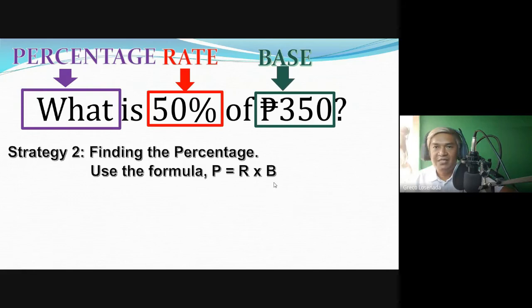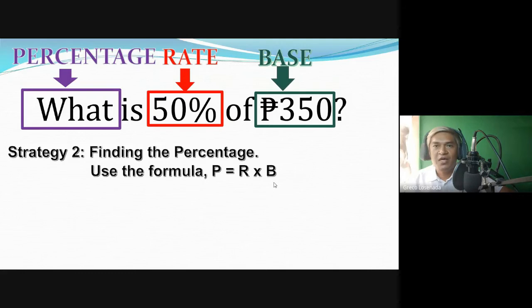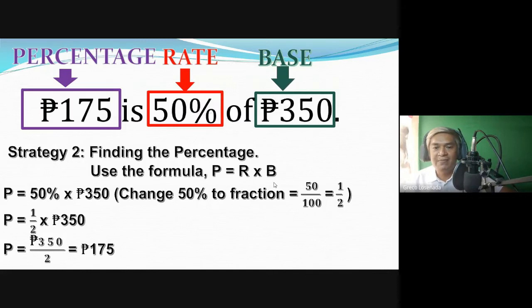Using this formula, P is equals to R times B, wherein we're going to change 50% to fraction. 50% changed to fraction is equal to 50 hundredths, wherein its lowest term is 1/2. P is equals to 1/2 times 350 pesos, giving us the answer of 175 pesos. So 175 pesos is 50% of 350 pesos.